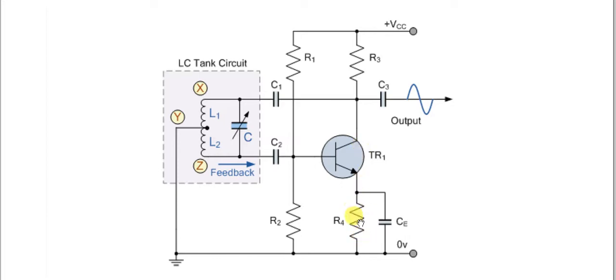The job of this parallel capacitor is to bypass, because when we connect this emitter resistor, it obviously reduces the gain at the output. Here you can see this is the collector and this is the base, so collector, base, and then emitter. We already have the collector to emitter junction resistance, but we add one more resistance across which the voltage may be divided.